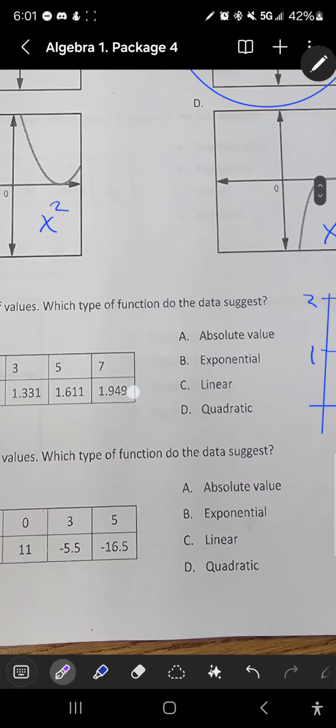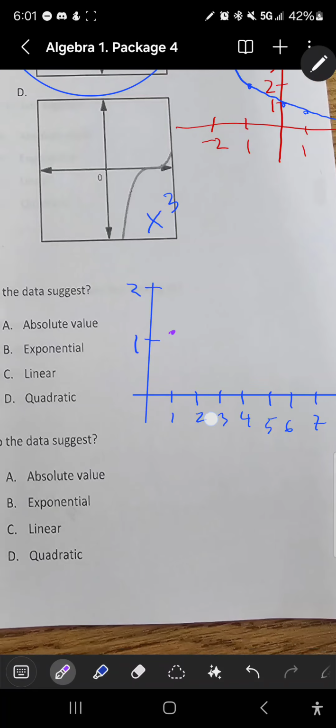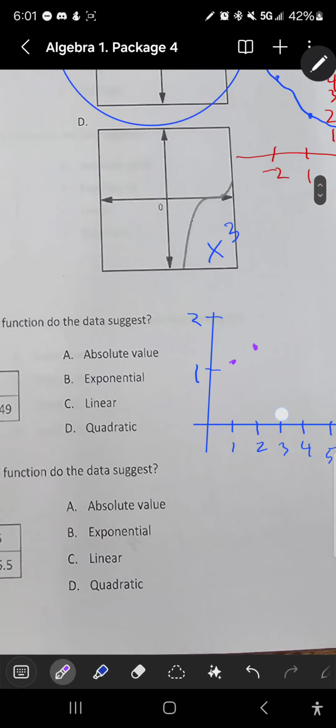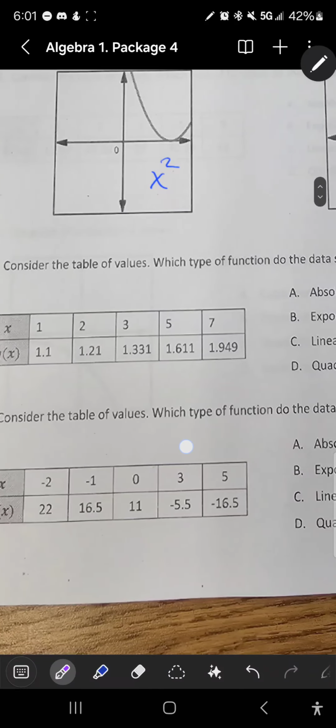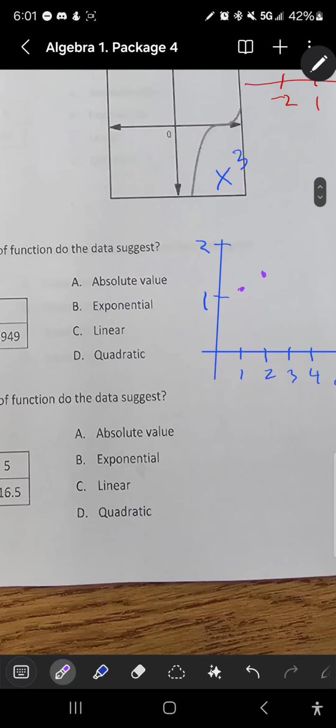Now, first 1, comma 1.1, then 2, comma 1.21, then 3, comma 1.331. It's a little bit lower.